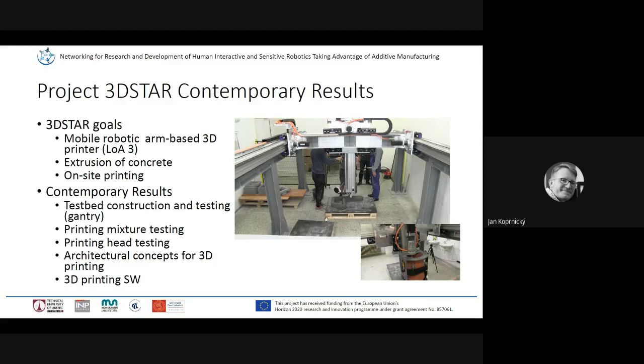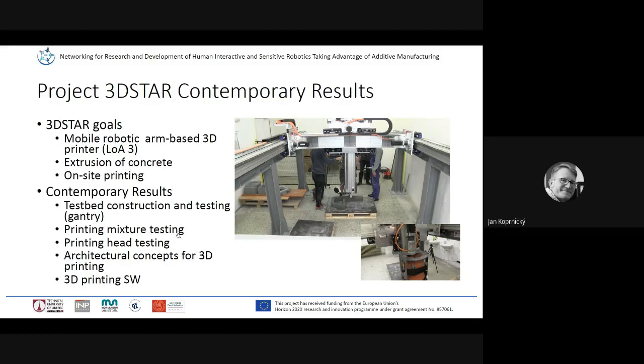Nowadays, colleagues from Klokner Institute are testing printing some objects. They are prepared by our colleagues from the Faculty of Architecture. This is the small chair here, and it's a nice starting point to get information from the behavior of the material and of this test bed.